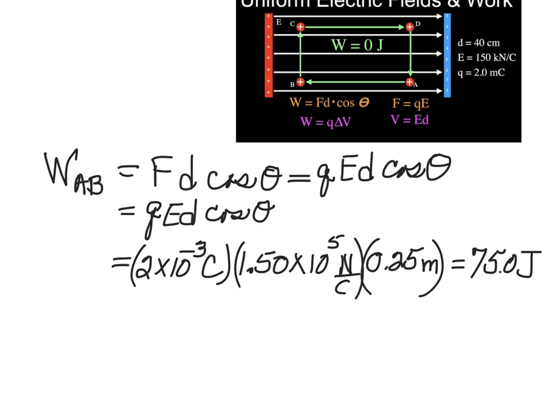Here, the displacement is this way, but I'm still pushing in this direction, right? I'm holding the charge from going. So I'm exerting a force opposite the field to hold the charge. So the angle between the displacement and the force that I'm exerting is 90 degrees. And in this case, I'm exerting a force this way, right? Because I'm moving the charge.